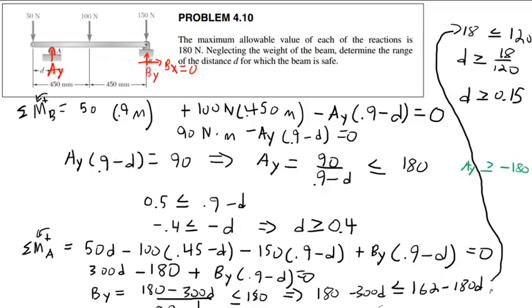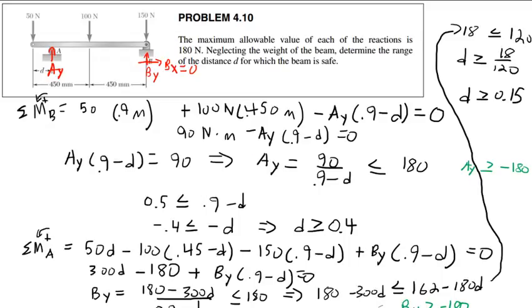And the same thing with BY here. We should probably also check if BY is greater than or equal to negative 180. Because we checked the positive case, but it could just as well be the opposite case, the negative case. So we should probably check both of those, but since I've done this far, I think that's good enough. I think you get the idea.